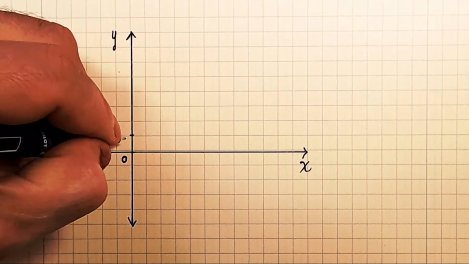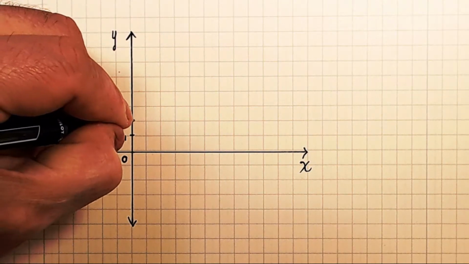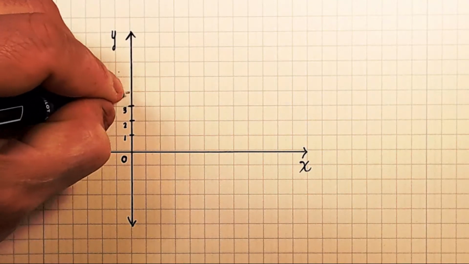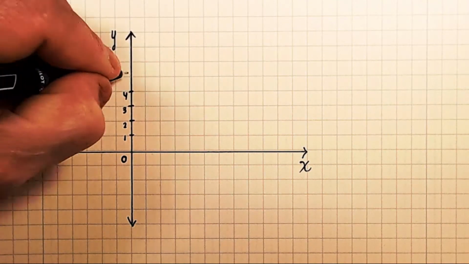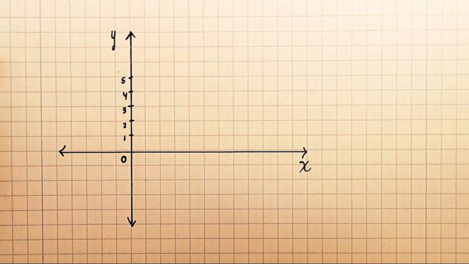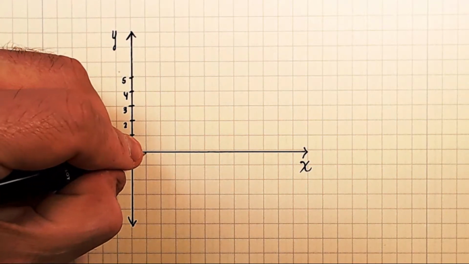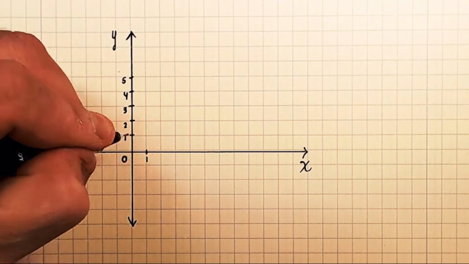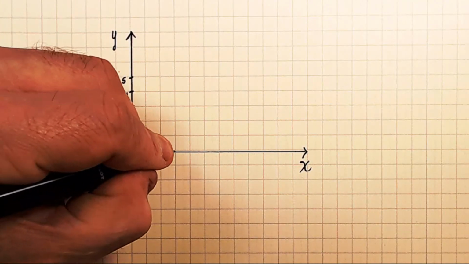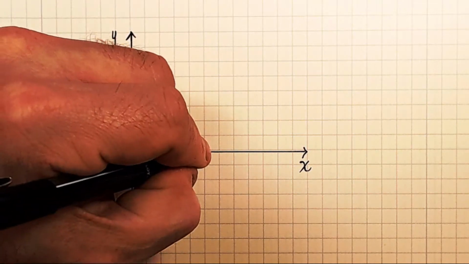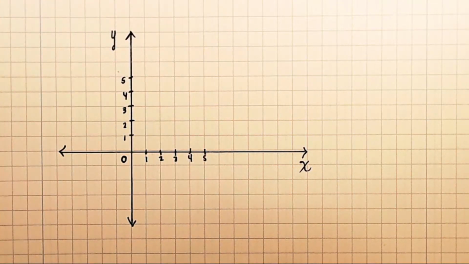So here is 1, here is 2, here is 3, 4, 5, and so on. Same thing on the x-axis. Okay, here is 1, here is 2, 3, 4, 5, and so on.